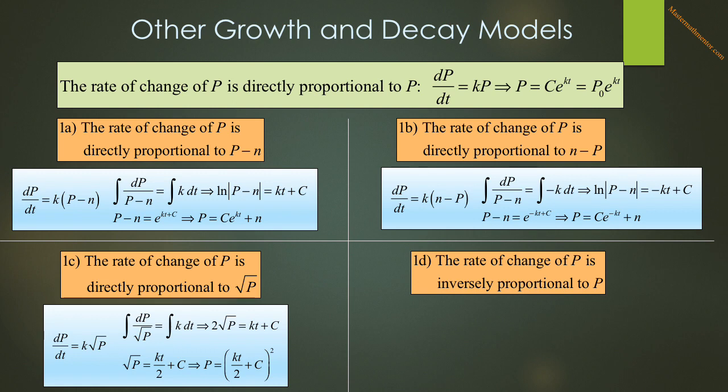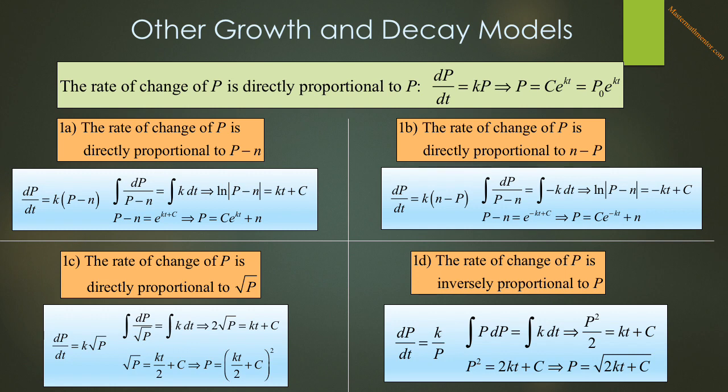Solving for P, we get the square root of P is equal to kt over 2 plus c, realizing that c over 2 is simply c. And therefore, we square both sides, getting P is equal to the quantity kt over 2 plus c, quantity squared. So in this case, the rate of change of P is directly proportional to the square root of P gives quadratic growth.